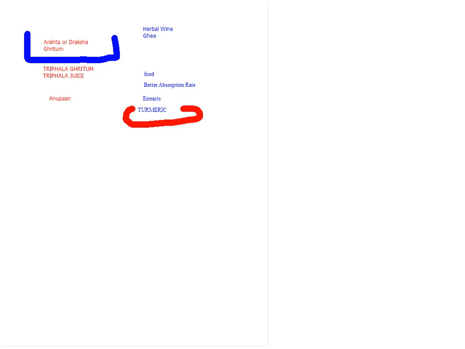So giving an herb with an anupana is so important, it needs to get absorbed. That is why turmeric is best used in food. When we saute turmeric in ghee or safflower oil or sunflower oil or whatever oil you're using, grapeseed oil, then the extract of turmeric, which is called curcumin, is only extracted in the ghee or any other oil.